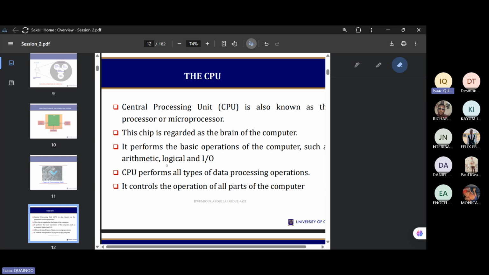So the CPU is the central processing unit, and it is known as the processor or microprocessor. And please, let's take note of this. For MCQs, this is a question that can also be asked. Probably they could ask you, what is another name for the CPU, and you should know that that is the same as the processor or the microprocessor.